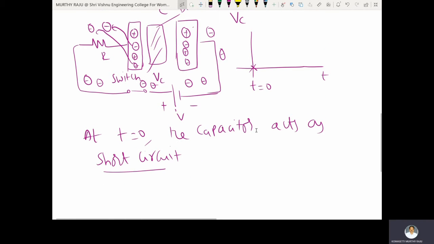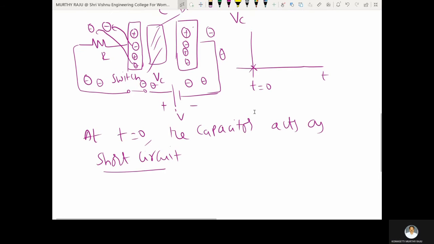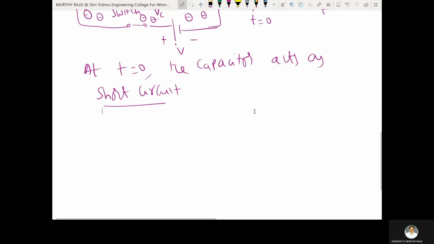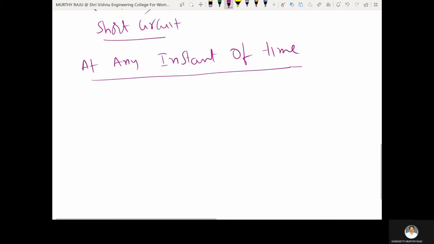As time goes on increasing, at a particular instant of time, this plate becomes a positively charged plate, and this plate becomes a negatively charged plate.